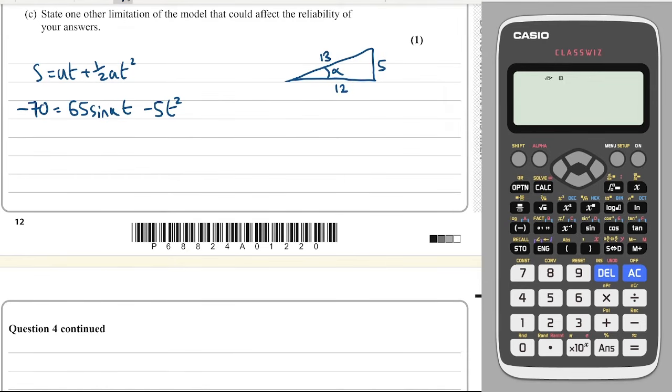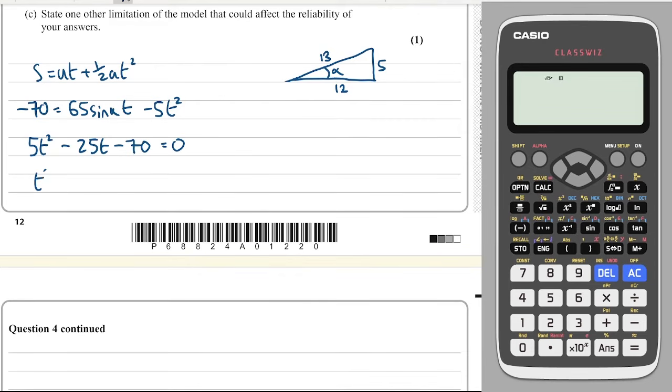By Pythagoras, that will be 13. So the sine is the opposite over the hypotenuse, so it's 5 over 13. So if I rearrange this, I'm going to get 5t squared on that side minus 65 times 5 over 13 is 25. So 25t and then minus 7t equals 0.